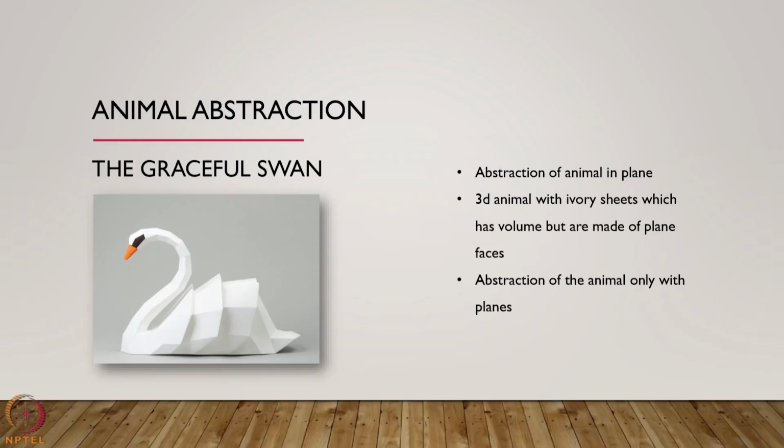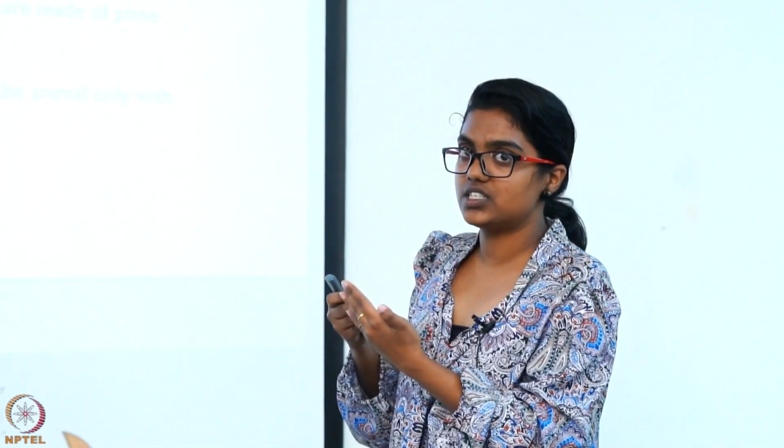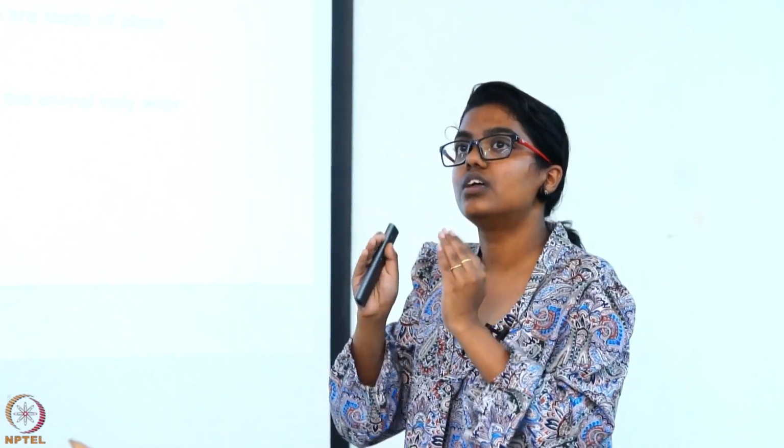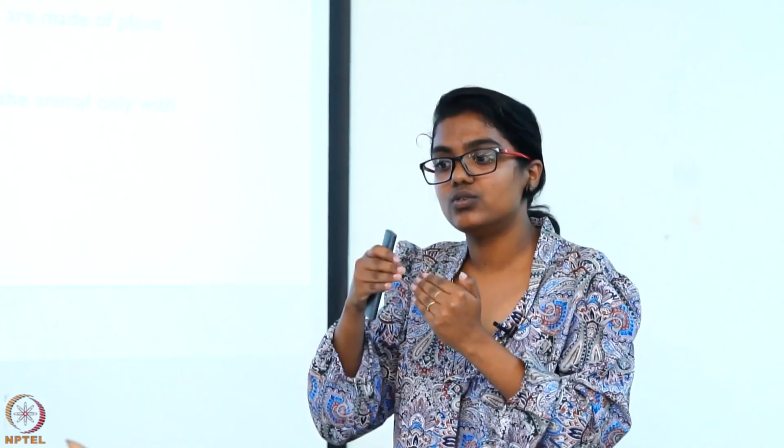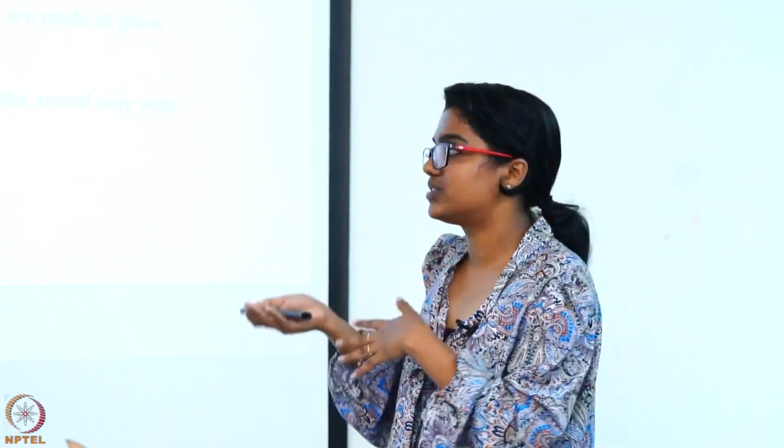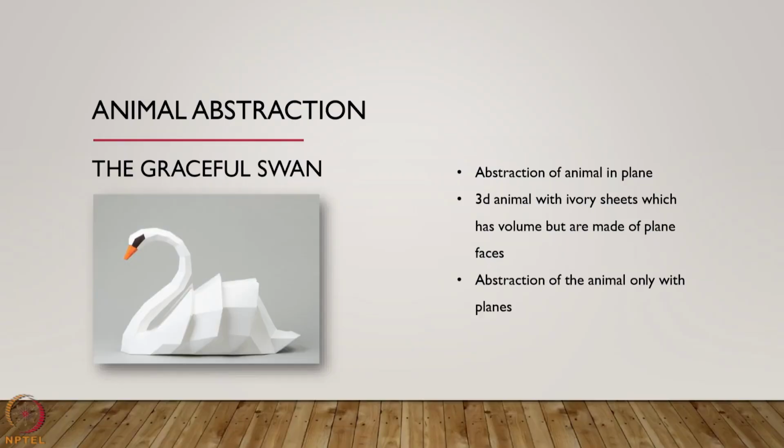That was the first form of abstraction, where around 90% of the real form was intact, and we changed 10% to abstract. Then a 3D animal with ivory sheets, which has volume, was made, but out of plain faces.